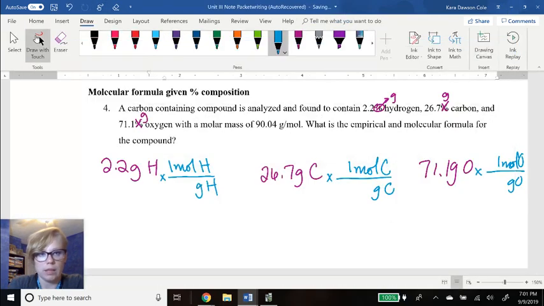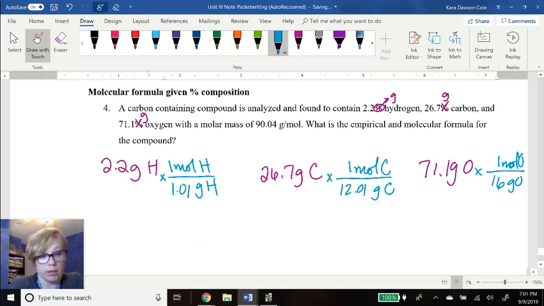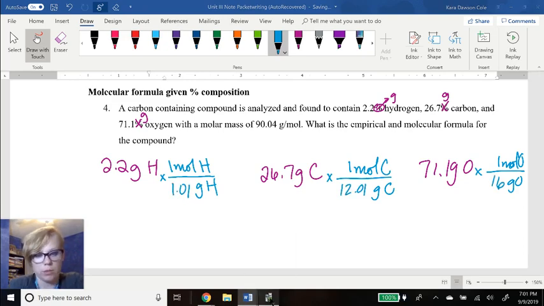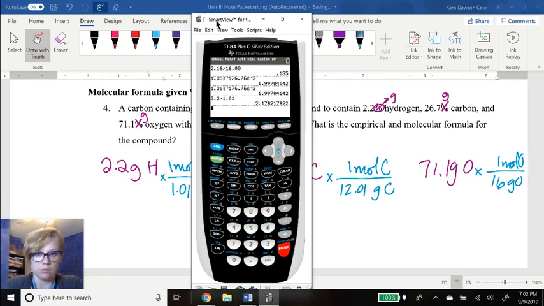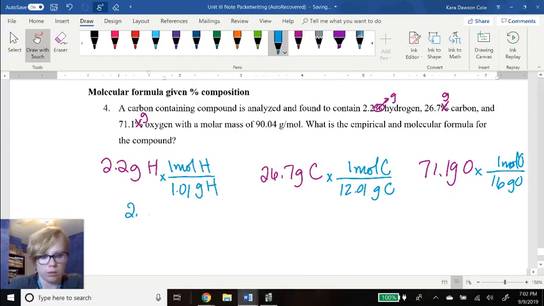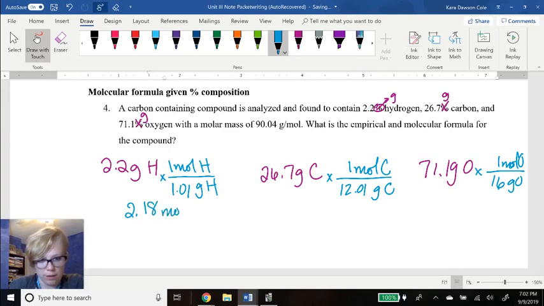So again, I go back over here, and then I just start calculating my moles out. This gives me 2.178 for hydrogen. I'm just going to round it to 2 places behind the decimal, so I've got 2.18 moles of hydrogen.